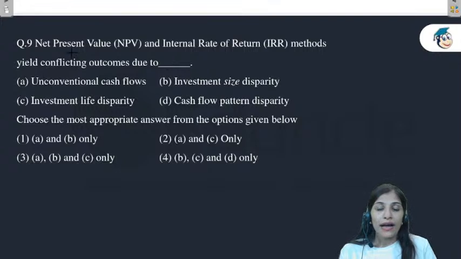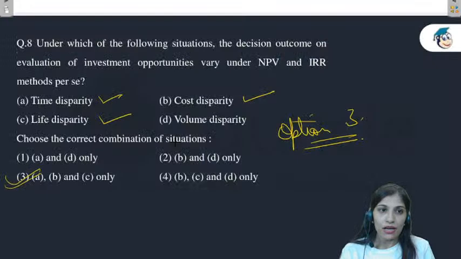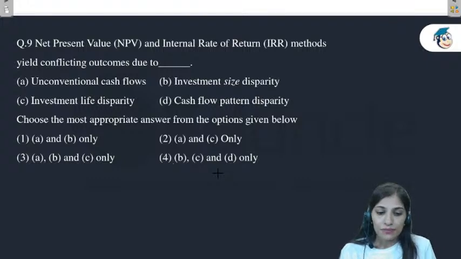So NPV and IRR, in the previous question we did, if we go according to that, where are we having the conflict in IRR and NPV? Right? So now we see here, you can put your comments below, everyone.